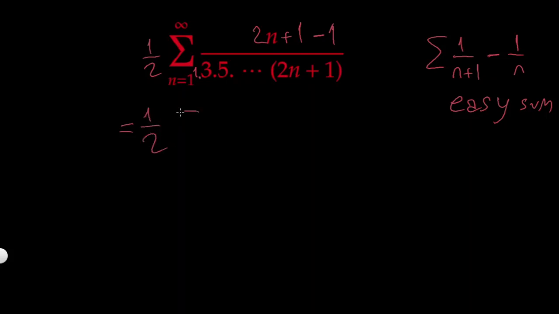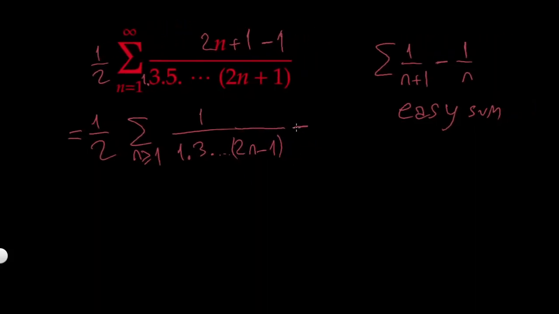This series would be equal to, so n greater or equal than 1. From this thing, the last term would just cancel, and I would have 1 times 3 times up to 2n minus 1, and minus, from 3, I can also write 1 here, but it doesn't help me visualize it better, 2n plus 1.